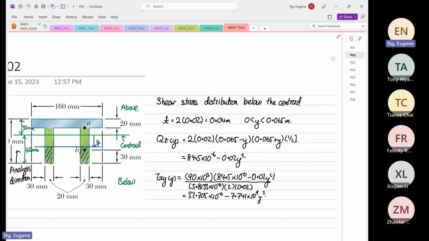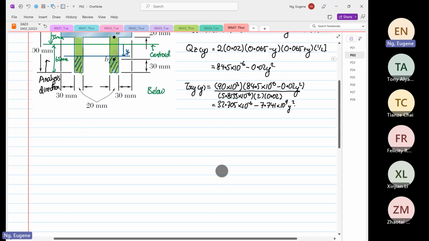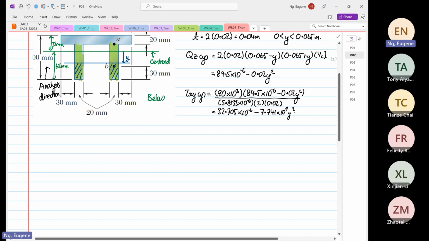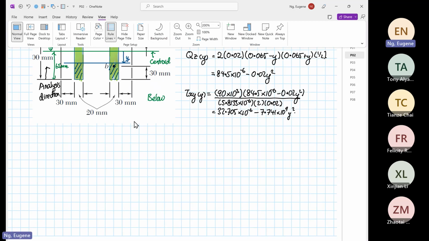Okay, so from here we are going to sketch the shear stress distribution, given all those numbers now.